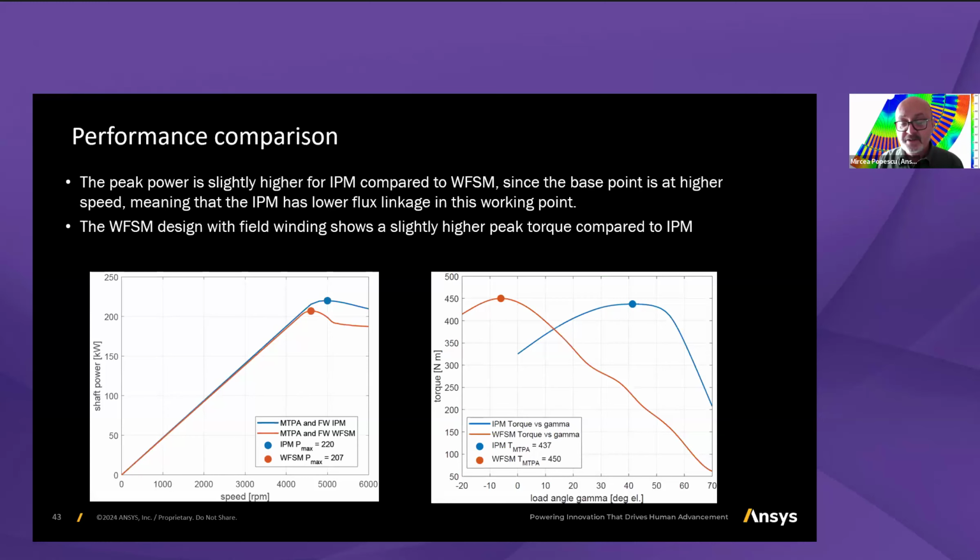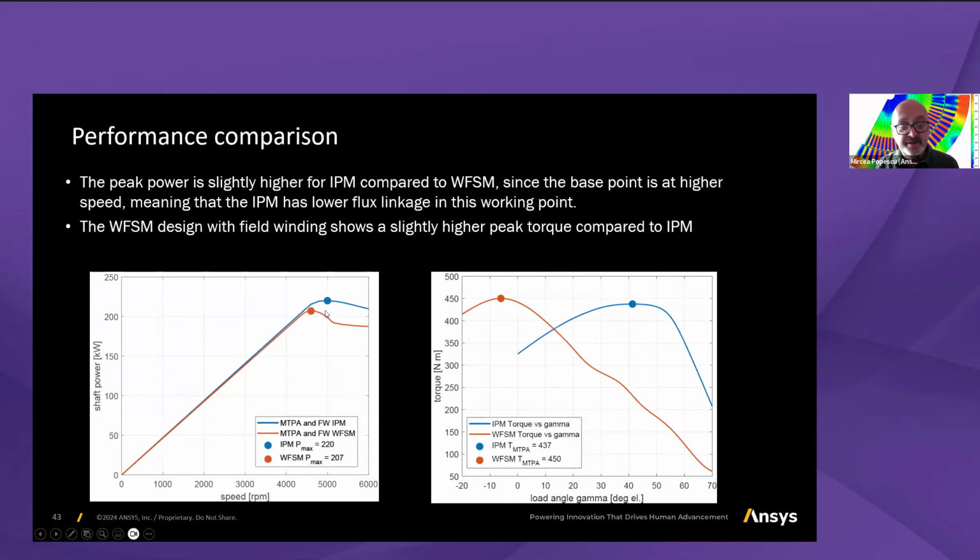And here comparing the two solutions, the Tesla IPM, which is the blue curve, versus the brown curve, which is the wound field synchronous machine solution. They achieve roughly the same peak torque with a bit more peak power obtained by the IPM.